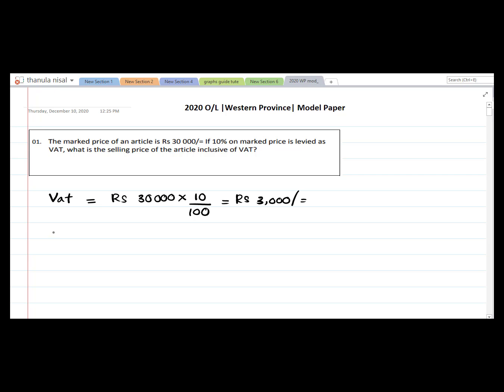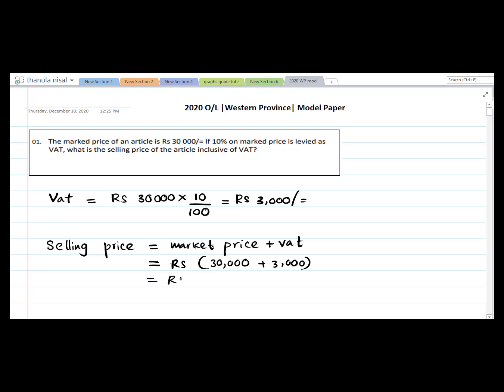So the selling price is the marked price plus VAT. The marked price is 30,000. VAT is 3,000. Altogether that is 33,000. Okay.